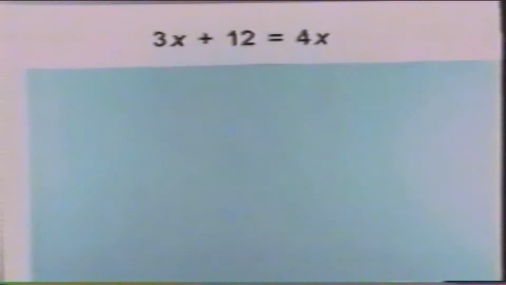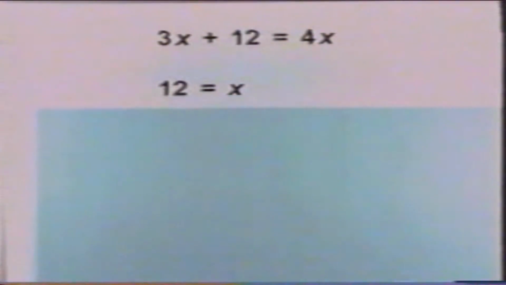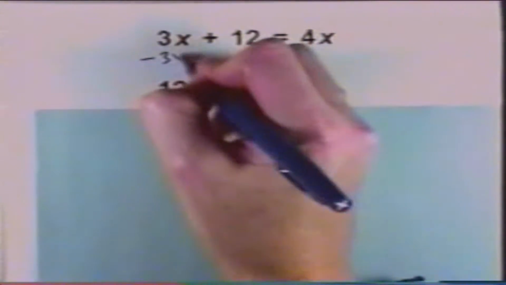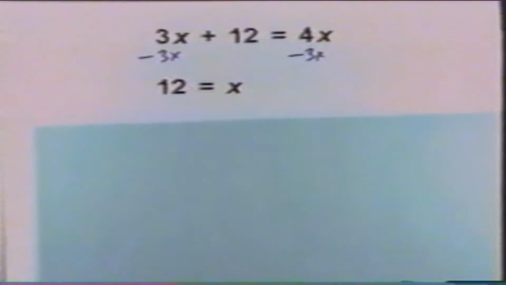Again, we have a linear equation since x is raised to the first power only. X is not being squared. So it's a matter of getting the x on one side by itself, isolating the x. So we subtract 3x from both sides, which gives us x equals 12.